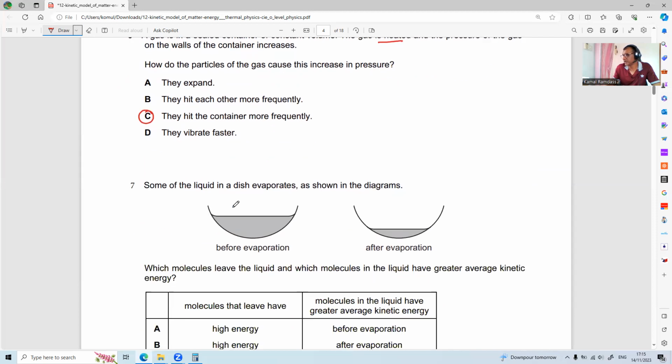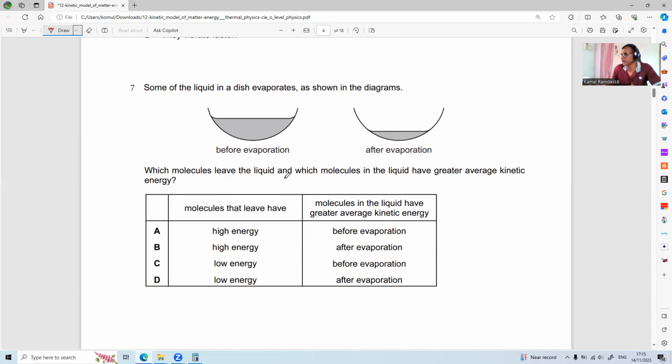Some of the liquid in a dish evaporates as shown in the diagram. Before evaporation, after evaporation. Which molecules leave the liquid and which molecules in the liquid have greater average kinetic energy? Molecules that leave have high energy. Définitivement. Molecules in the liquid have greater average kinetic energy?